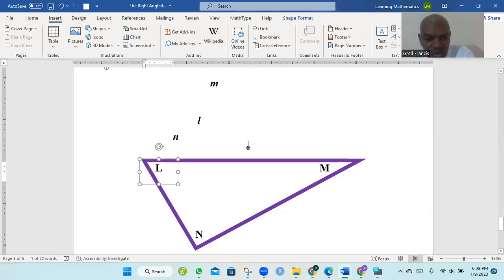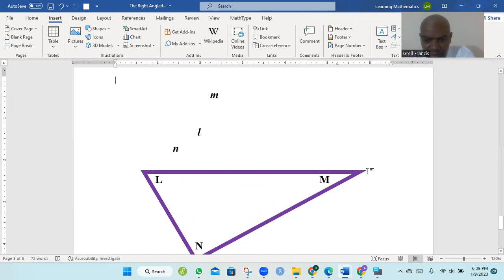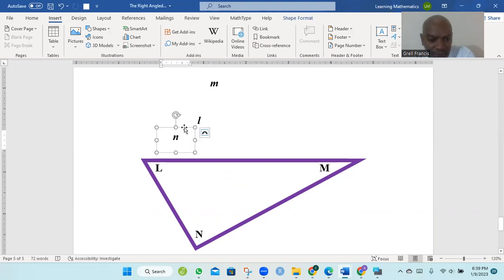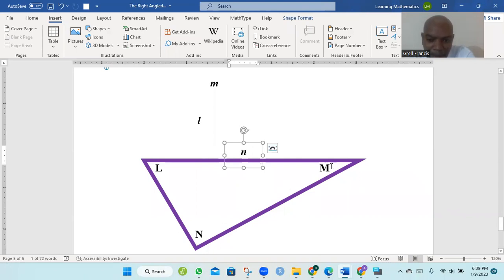Right. So this horizontal side, side LM, how can we appropriately label the side LM? The side LM, because it is opposite to the angle capital N, let's call it small n. What about side NM?